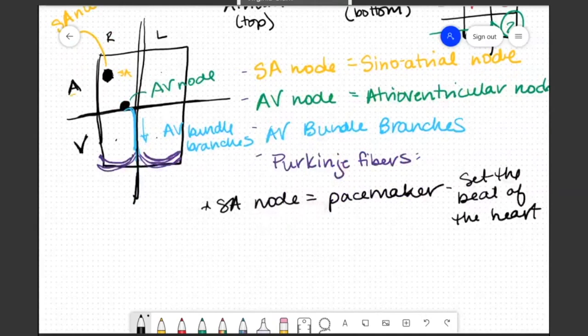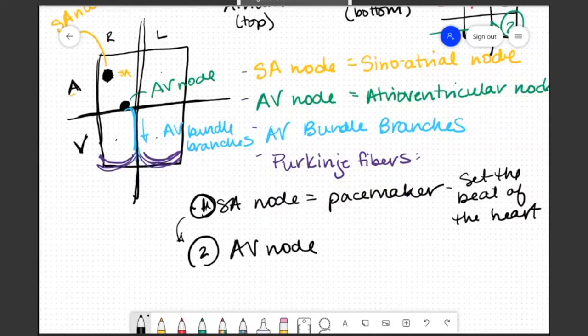So that's step 1. Step 2 is going to be the communication traveling down from your SA node to your AV node. So your pacemaker, your SA node, is going to set the heart rate. Communication will travel from him to your AV node.